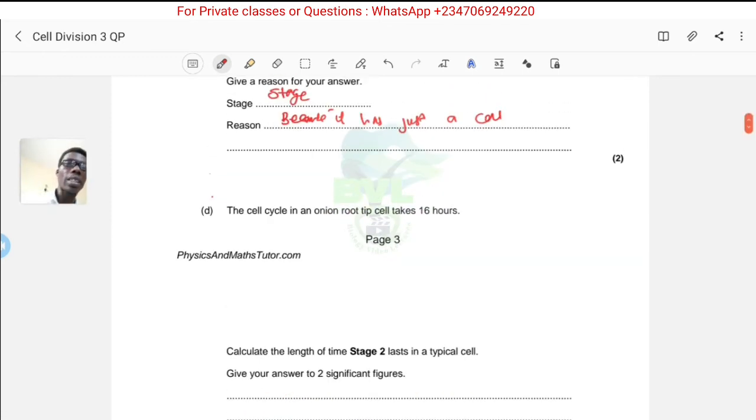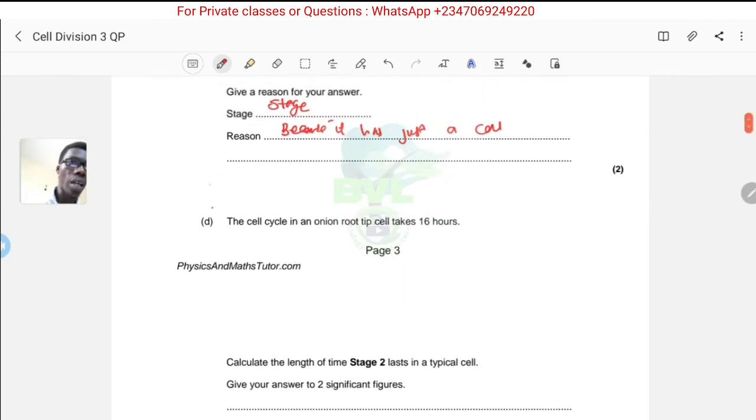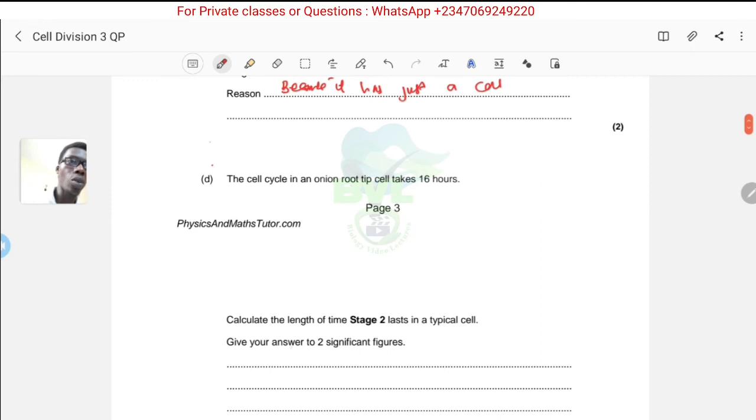Now, the next question says the cell cycle in an onion root tip takes 16 hours. Okay, calculate the length of time stage 2 lasts in a typical cell. All right, so it's going to be this way.